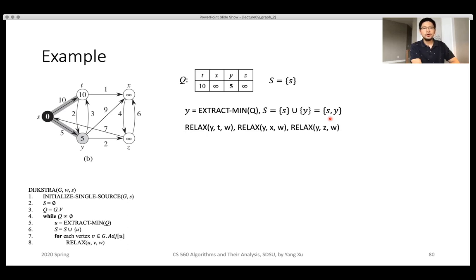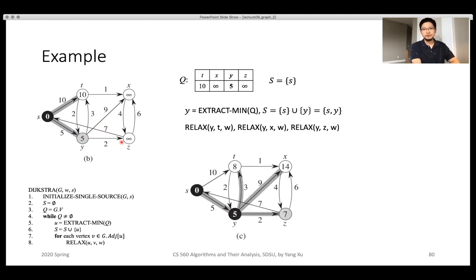All the edges that leave Y will be relaxed: the edge from Y to T, from Y to X, and from Y to Z. As a result, the D attributes of T, X, and Z will be updated, and the new predecessor relationships will be set by changing the pi attributes. Now the remaining vertices in Q are T, X, and Z, with their new D attributes. Z will be the next one to be extracted.